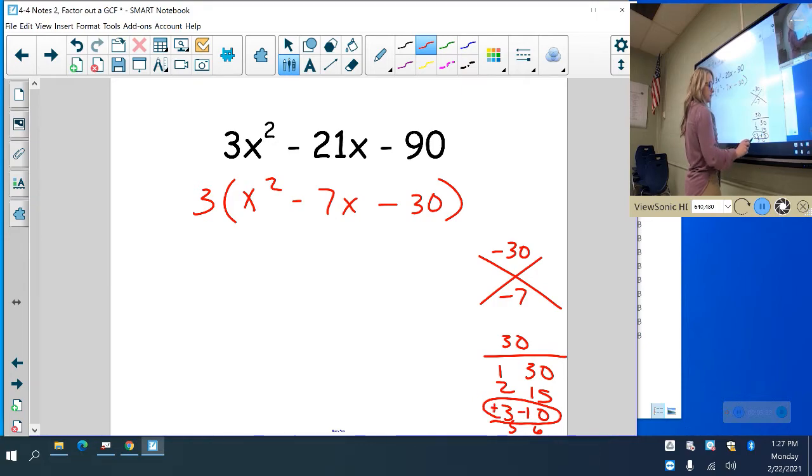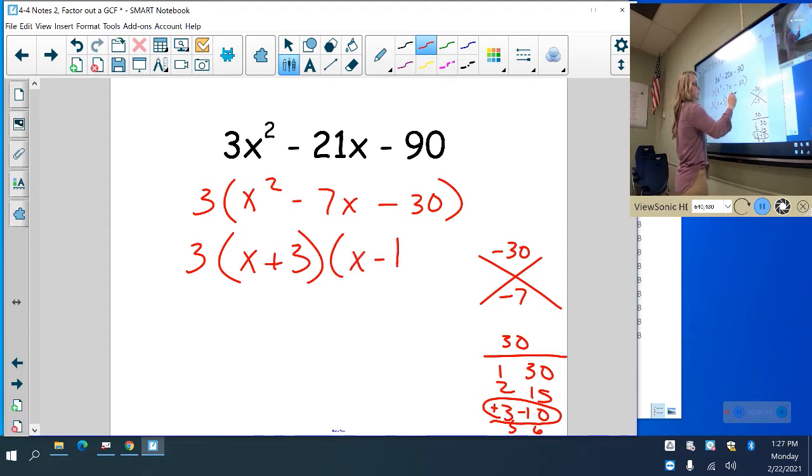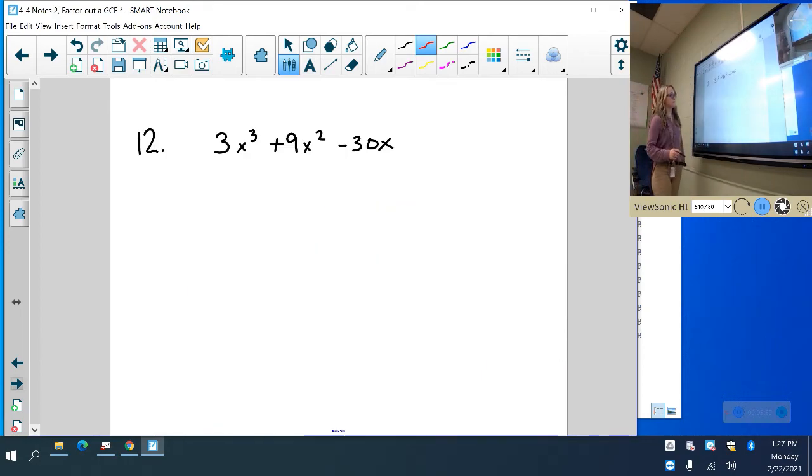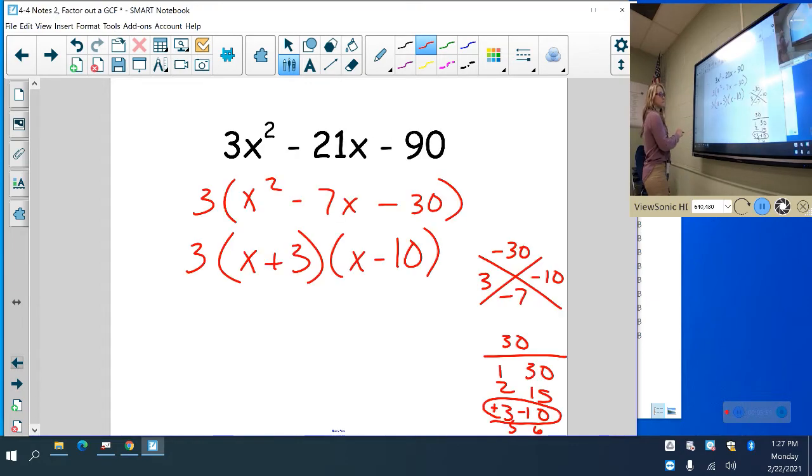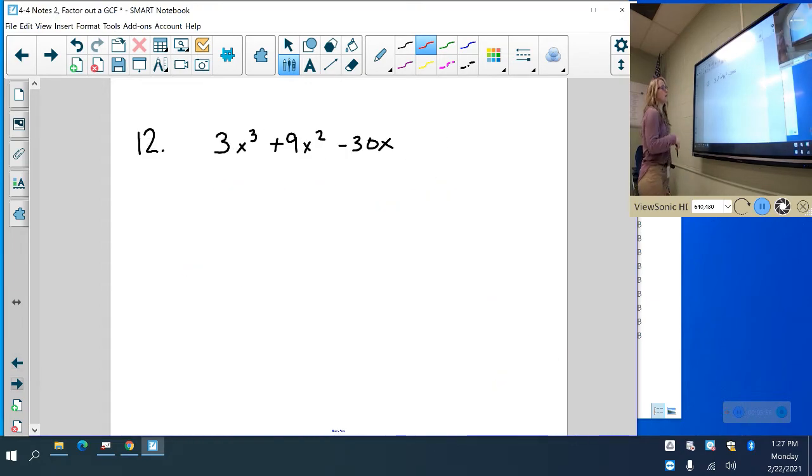Negative 10 plus 3 is negative 7. Negative 10 times 3 is negative 30. So I have x plus 3 and x minus 10. So that would be 3 and negative 10. Okay, another one.